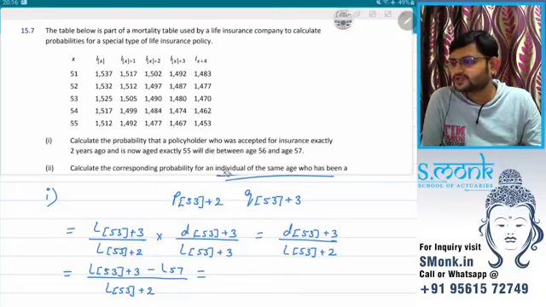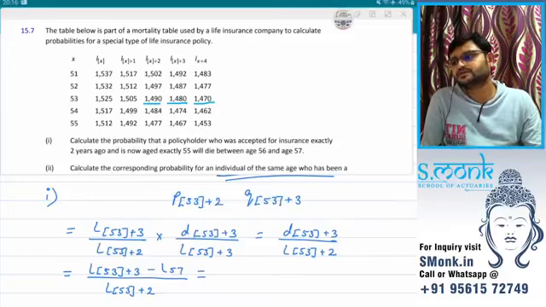Now we can search those values. L select 53 plus 3 would be this, L select 53 plus 2 would be this, and L 57 would be this.